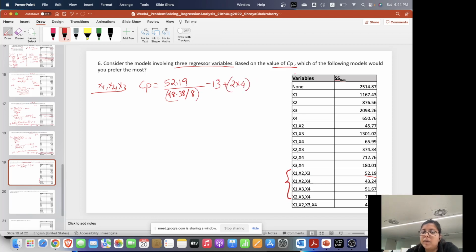Why? Because here we also have a beta naught term extra along with these. So 4 unknown parameters, p is 4. If we calculate this, we will get something around 3.63.